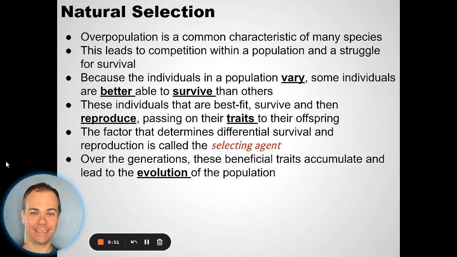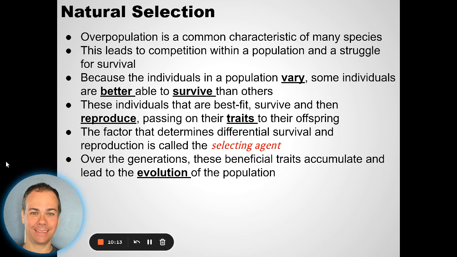Like for the deer, maybe it's food. Right? The selecting agent could be a limited amount of food, and that's why they're not all going to survive. Or it might be the temperature during the winter that could be the selecting agent. In some species, it might be a predator as the selecting agent because they're under pressure from predators. Could be many different things.